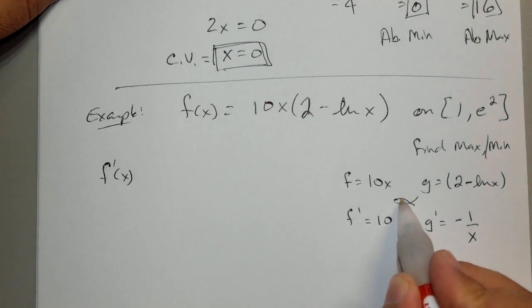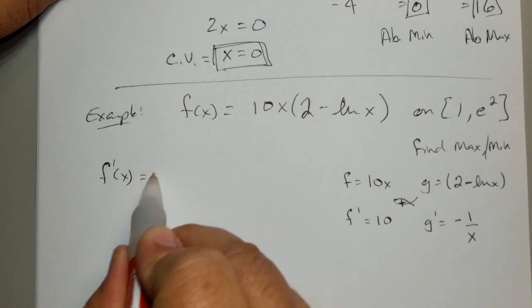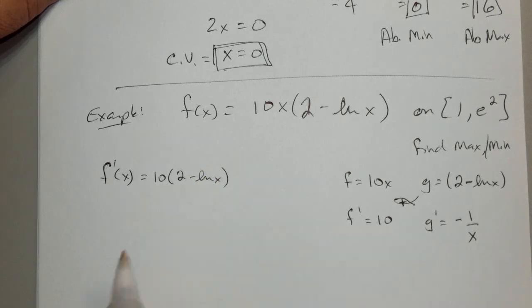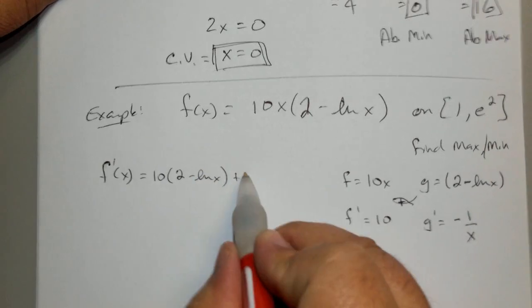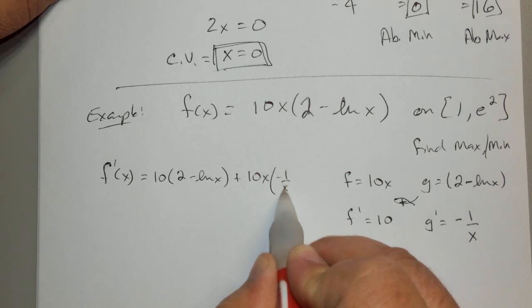So we have to use the product rule. 10 times (2 minus ln x) plus 10x times negative 1 over x.